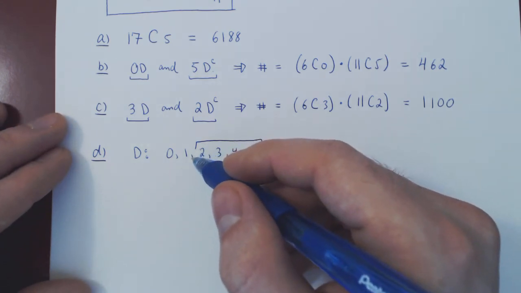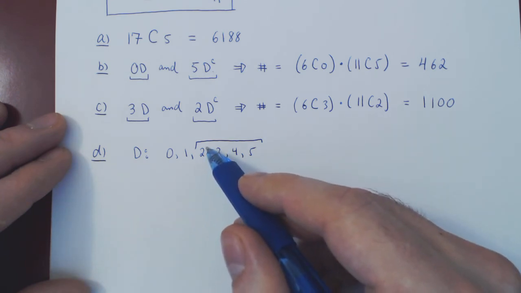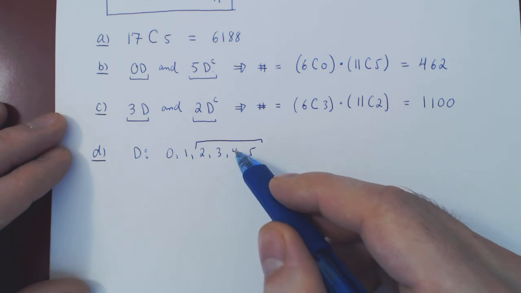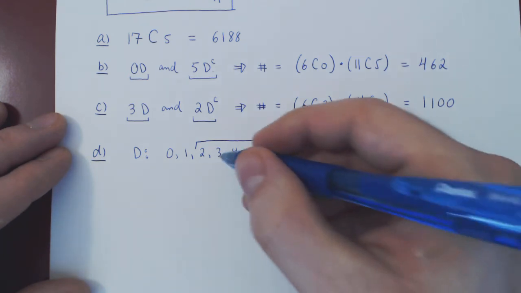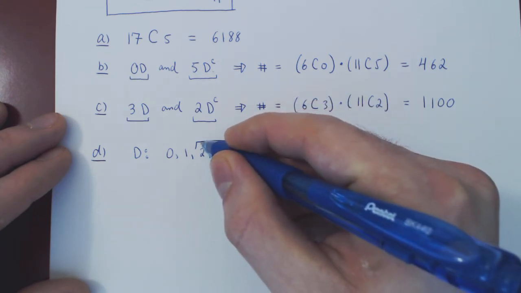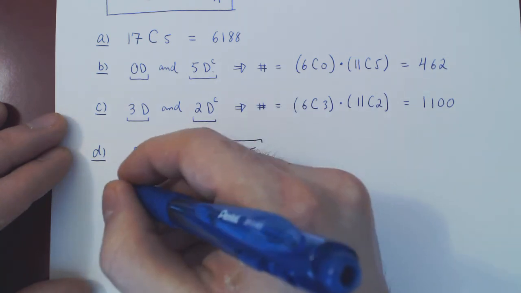So if you're saying at least 2 defective watches, then you are saying exactly 2, or exactly 3, or exactly 4, or exactly 5. We're saying or, that's a partition, which means pluses. Let's start with the number of ways of selecting exactly 2 defective watches.